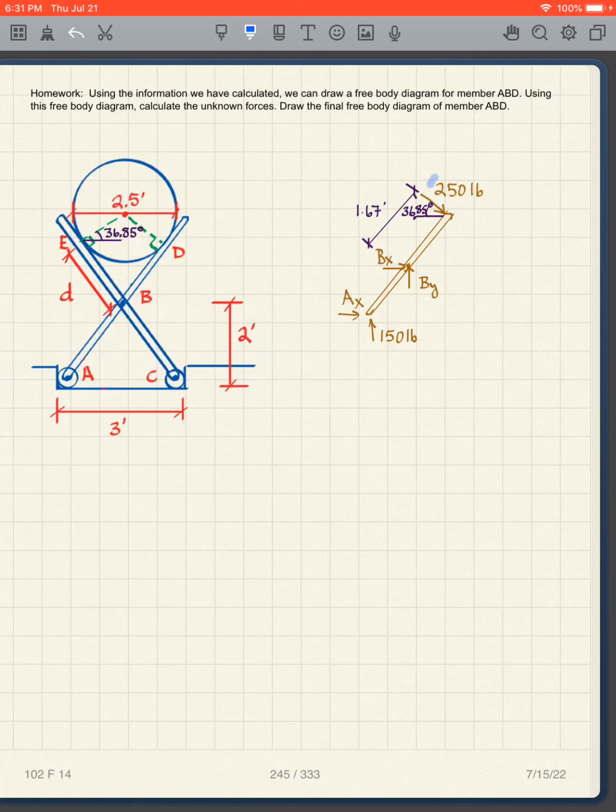One, we've learned this is 250 pounds. I know the angle here. I know that the Y reaction at point A is 150 pounds. And so I'm left with AX, BX, BY. In a sense, I've drawn this free body diagram for you. Use this free body diagram and find the unknown forces. Okay, so pause the video here and do that.